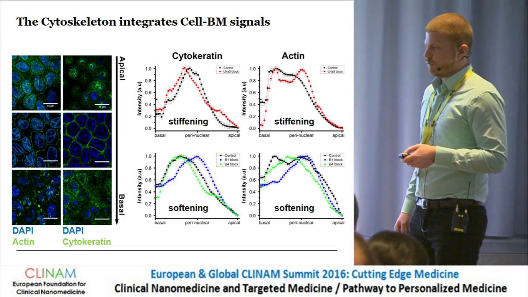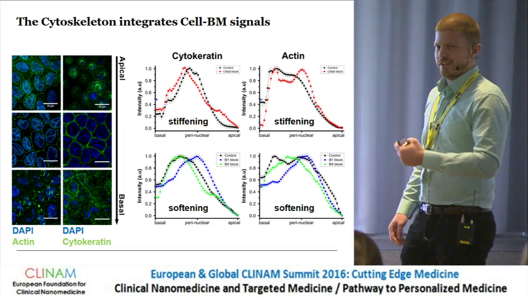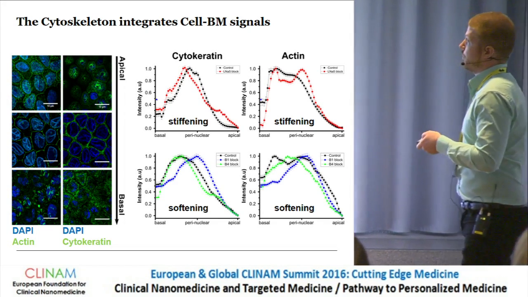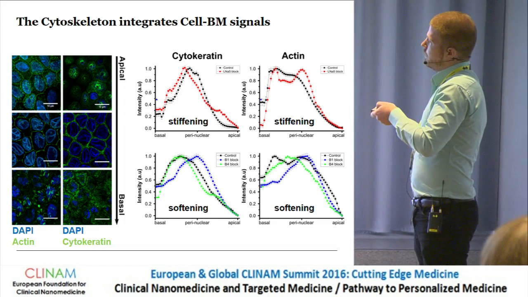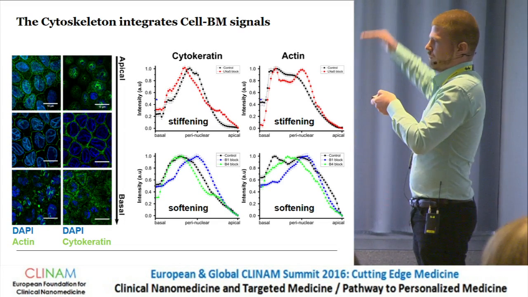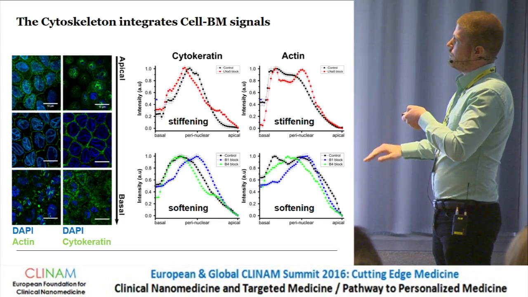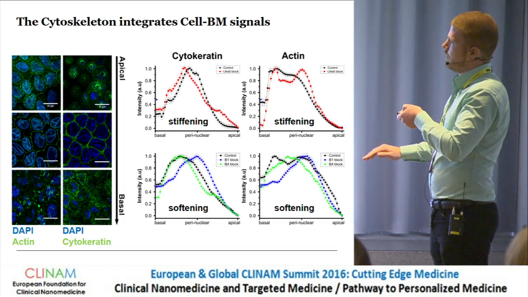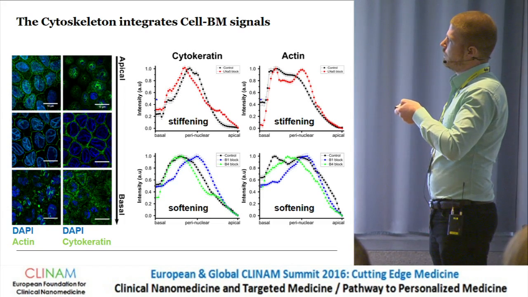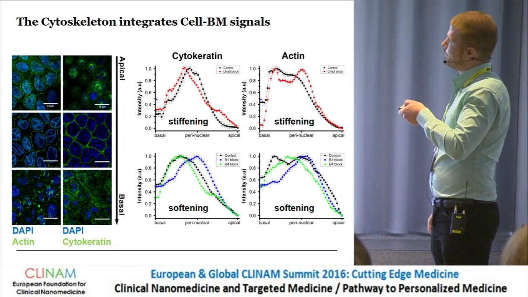So AFM is only a feeling method, so you feel that something gets softer, but we wanted to corroborate this with confocal microscopy. So here you see from the apical side, so from the top end of the cell to the basal side where it faces the substrate, you see the main components of the cytoskeleton. Here cytokeratin, which makes a cage around the nucleus, which is here depicted in blue, and the actin being more attached to the interface of two cells.